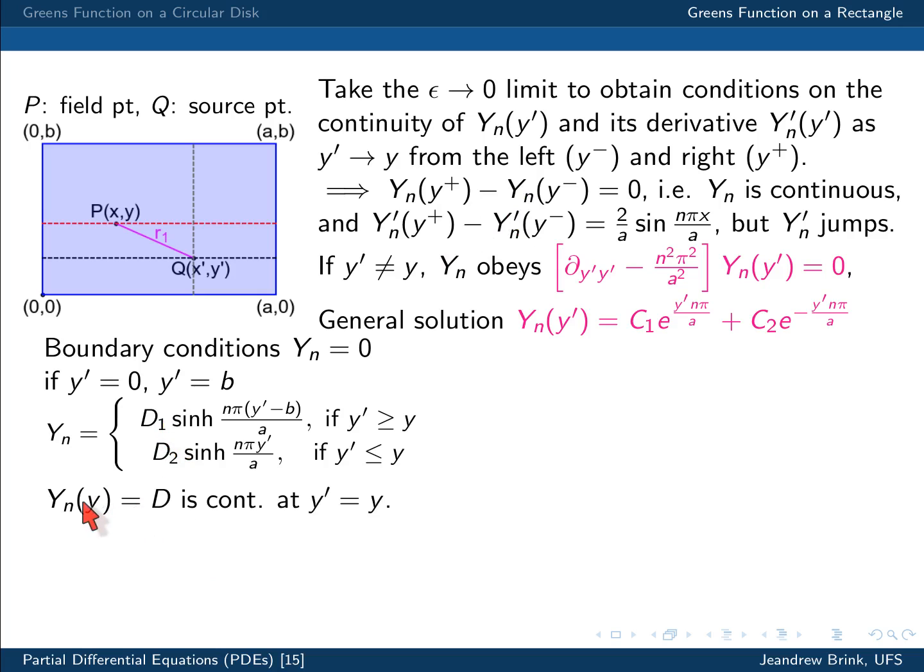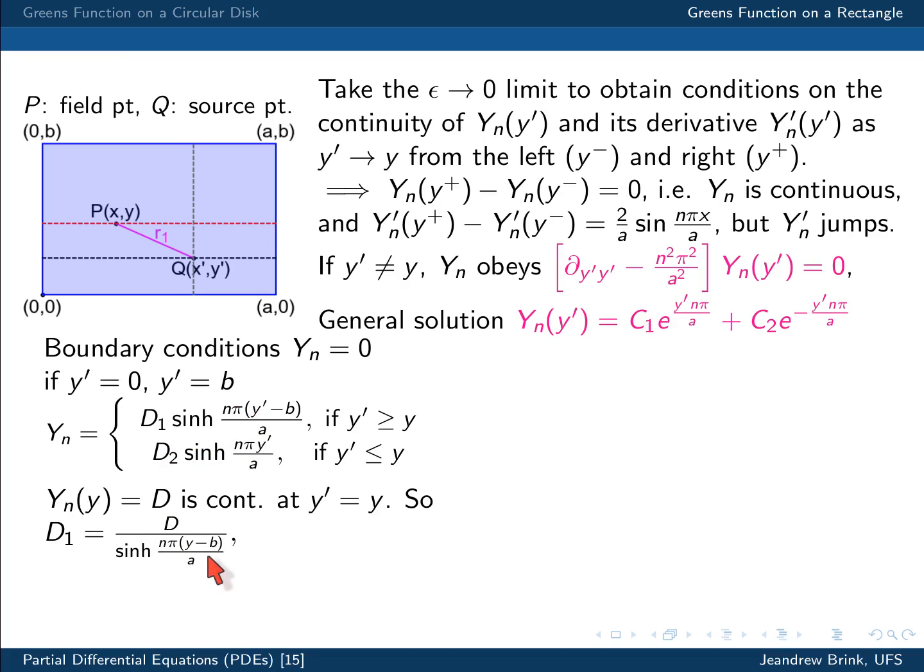We say that at y prime equal to y, your function is equal to d, and it's continuous. Therefore d1 multiplied by this thing is simply equal to d. Then we can write down d1 as d over the sinh of this thing where y prime is now equal to y. And similarly, d2 is equal to d divided by this function where y prime is equal to y.